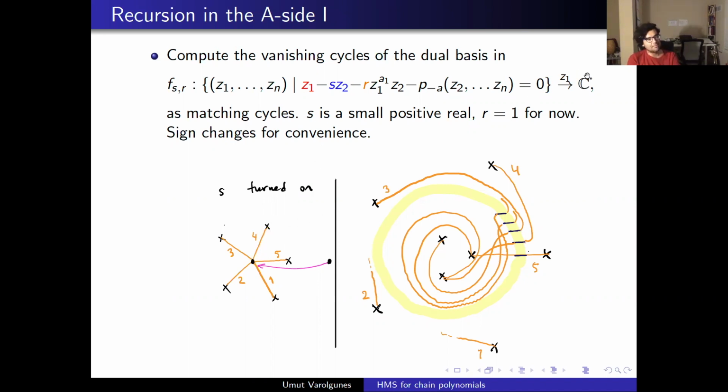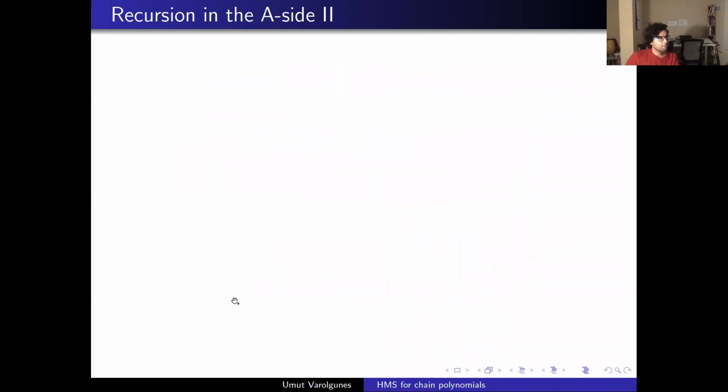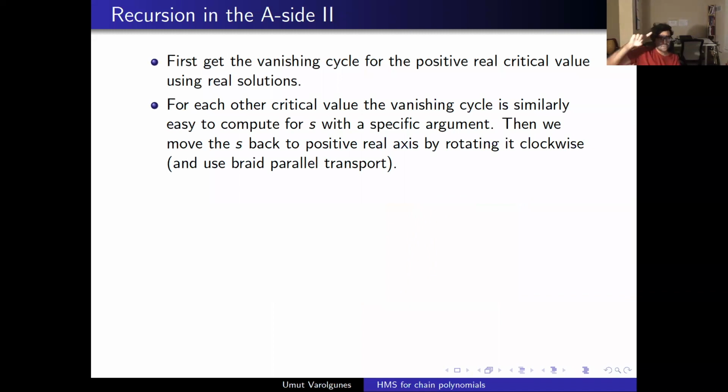Then you will see that it will be easy to compute. Again, you use the Z1 map, and it will be easy to compute the vanishing cycle of this guy in that version of the Milnor fiber. And for each of them, you can compute it with different S's. And then you're going to rotate those S's back to the real axis. And again, watch what the critical values do, and that's how you get this picture.